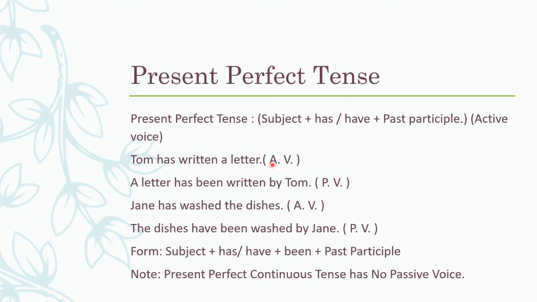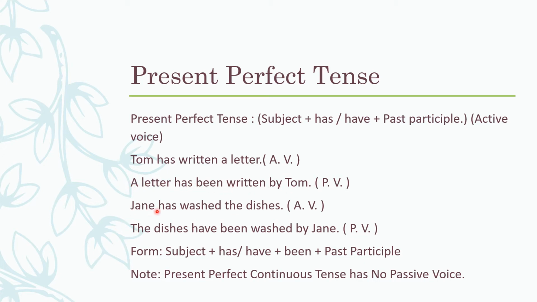So the object in the active voice becomes the subject in the passive voice, and the subject in the active voice becomes the object in the passive voice preceding by. Then you will write has, been, and the past participle. Look at the form of the passive voice in the present perfect tense: subject, has or have, been, and the past participle. So the sentence in the passive voice: a letter has been written by Tom.